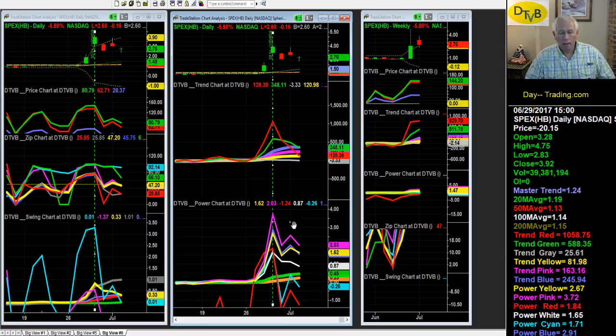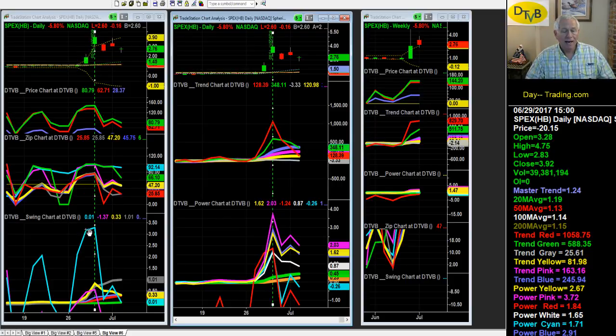And so in this case, power pink is highest. Again, we can't tell that it's not going to do a low angle up on power pink at this point, but we're pretty certain that it's not going to do that because of the power red conditions, being that power red is lower and in a low angle up.